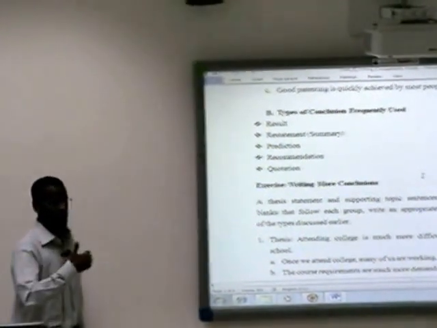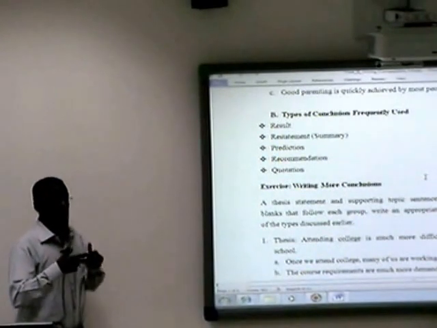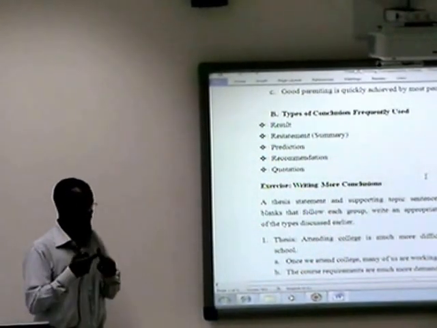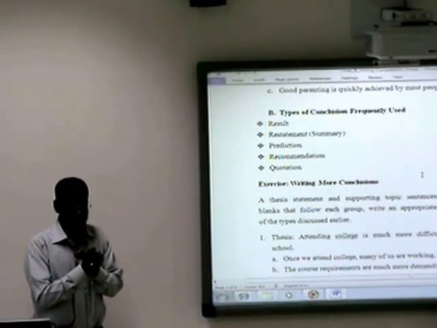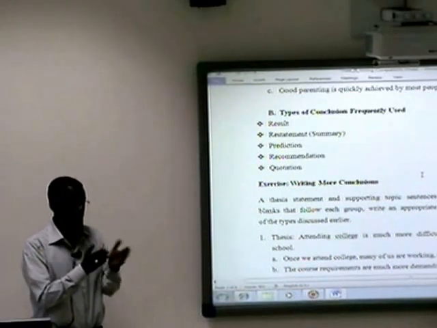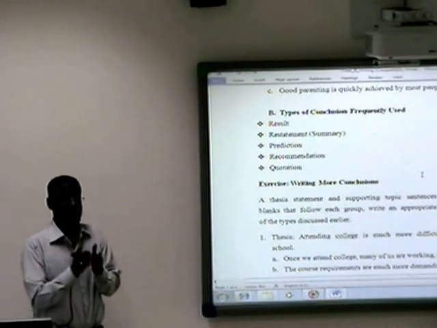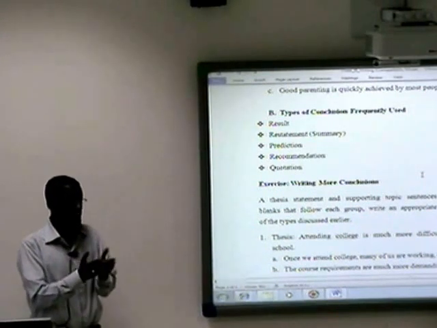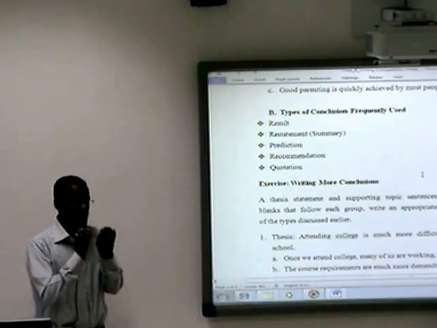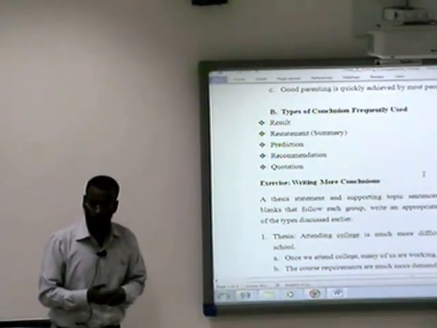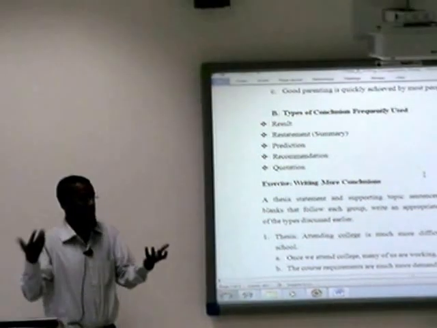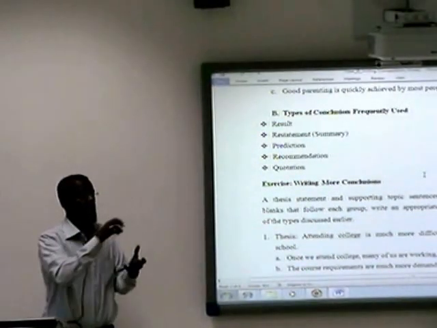Now, in general, in a conclusion, you have two things. You have to summarize some of the main ideas that you have mentioned in the body, and if the topic is about taking sides, whether it's advantages or disadvantages or the best solution to a problem, you need to state your opinion. What do you think? Are advantages more than disadvantages? Which solution is the best?